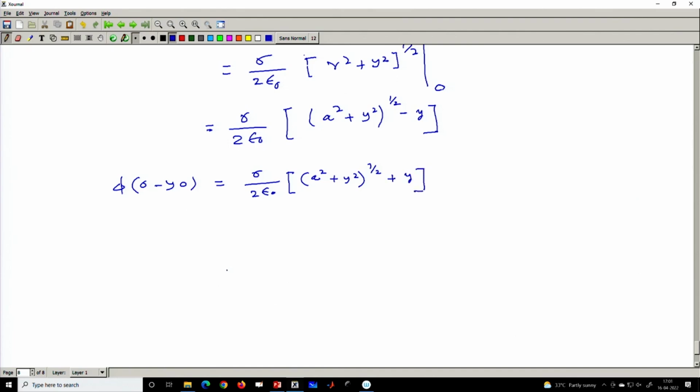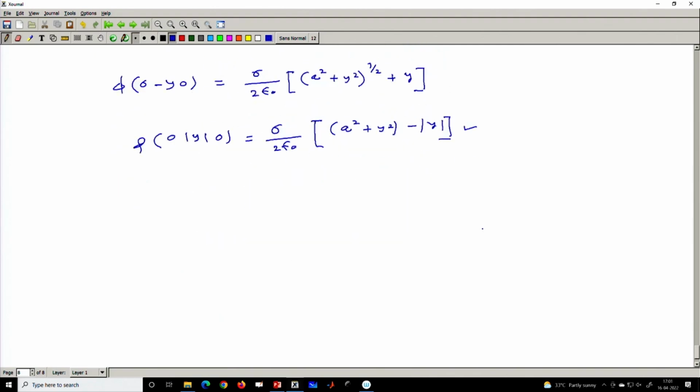Combining these two, phi at any point mod of y is simply sigma divided by 2 epsilon 0 times square root of a square plus y square minus mod of y. That is the value I have.